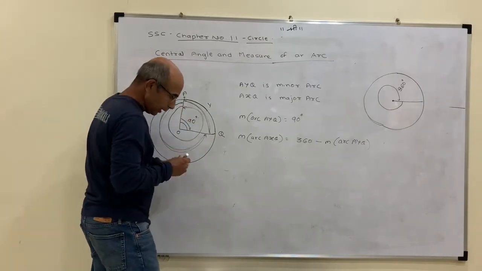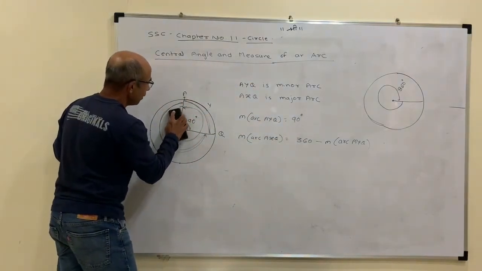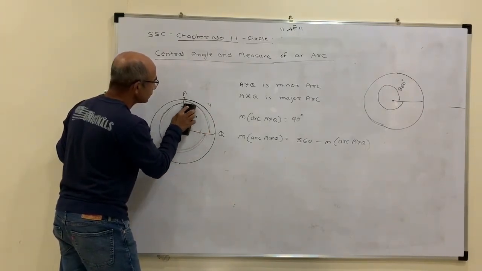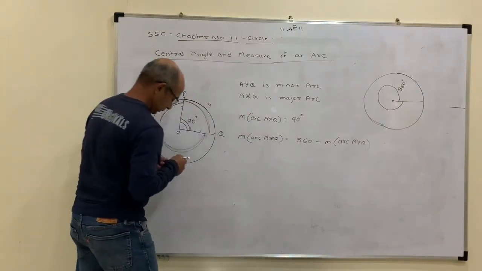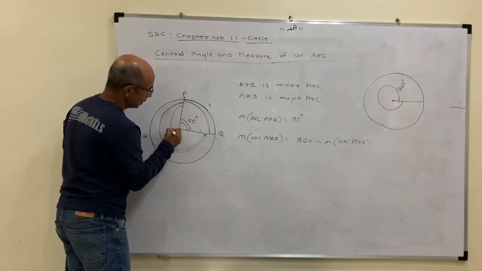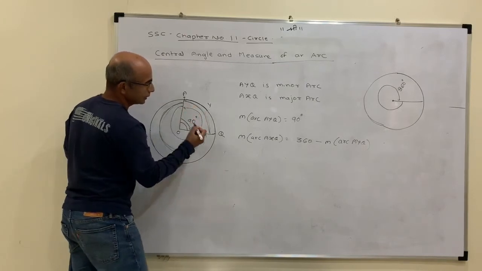Let me explain. Let me use a slightly different color. Say my total, from this one up to this one, is 360.